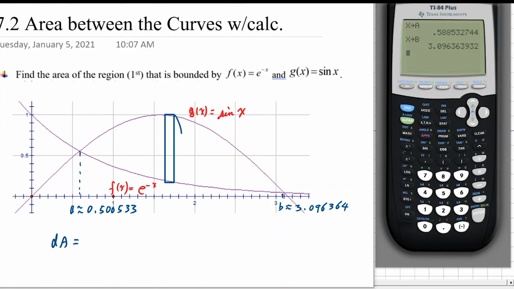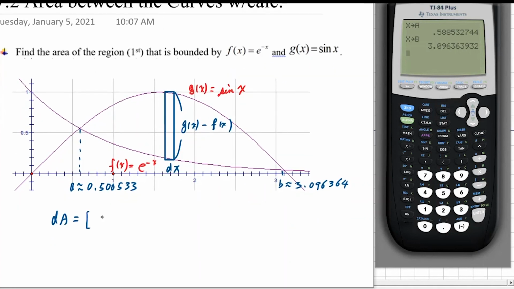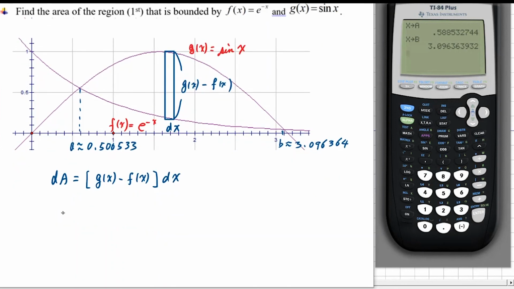Now here, yesterday I called it y1 and y2. Today I'll call it g of x minus f of x. How about that? And that width is still dx. So what I have is g of x minus f of x and then dx. Now, to set up the integral, then my area is the integral from a to b, a being 0.5-ish and b being 3.1-ish.